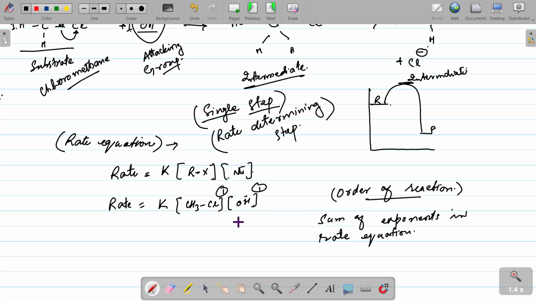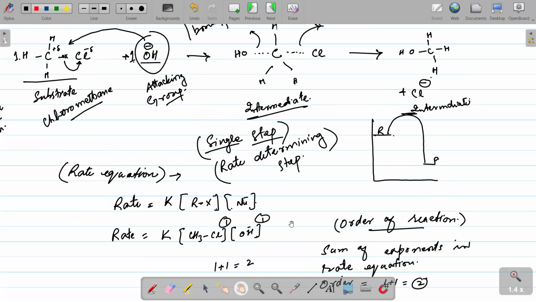So when we add these exponents, what we got here is 2. So the order of reaction for this particular reaction is 1 plus 1, 2. It means this reaction is second order.